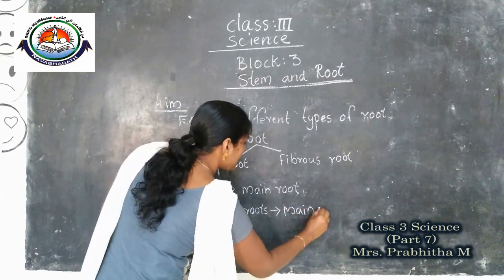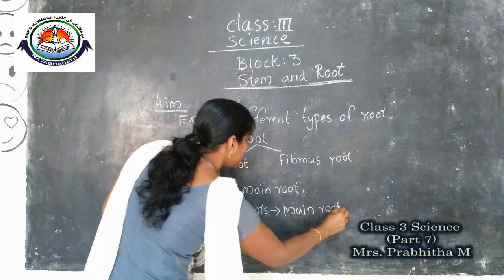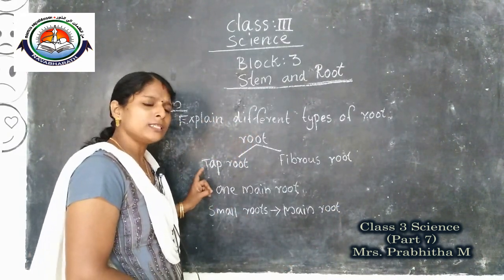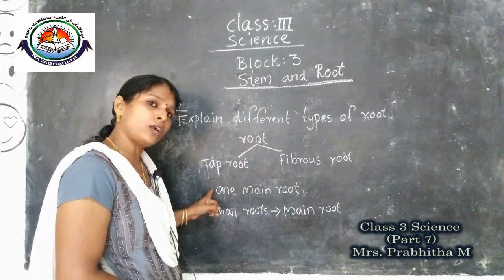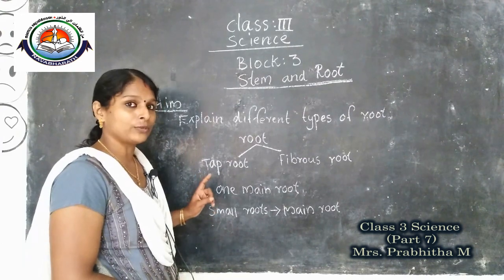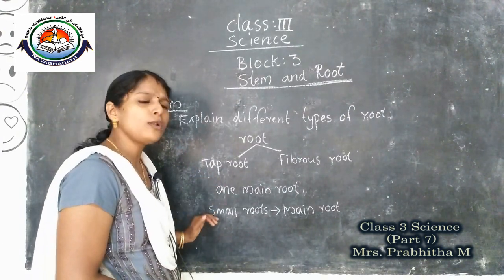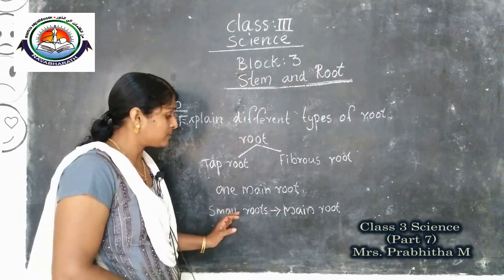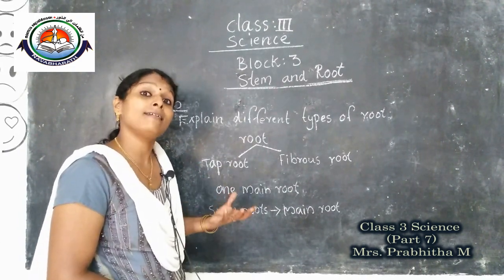So what is tap root? Tap root has one main root. This one main root is otherwise called primary root. Then some small roots are coming from the main root. These small roots are called secondary roots.